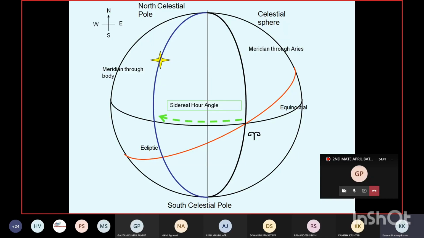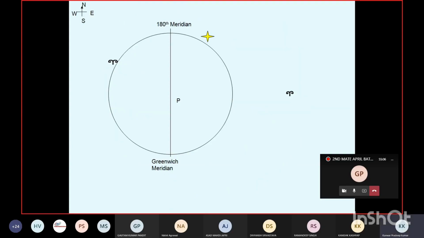So now you see this is our westward, the green arrow is pointing west. When I was looking from the other side of the sphere, everything was looking opposite in the previous slide. Understood all of you now? Yes, sir. Okay, so this is the declination, the polar distance. We come to some hour angles.